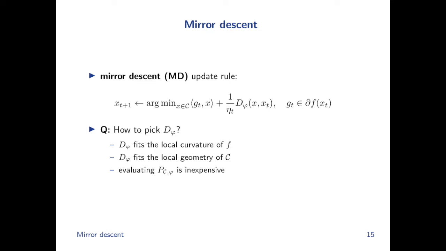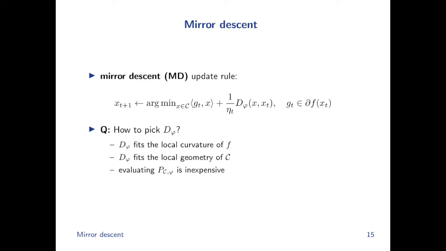So there are three main concerns here when you're picking a Bregman divergence, because in some sense this proximity term is defining the algorithm for you, right? Once you pick a proximity term, you have a well-defined algorithm. So it depends on three things. First is the local curvature of the function f.